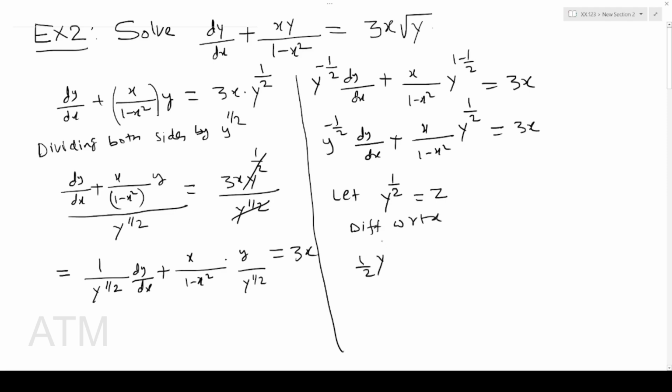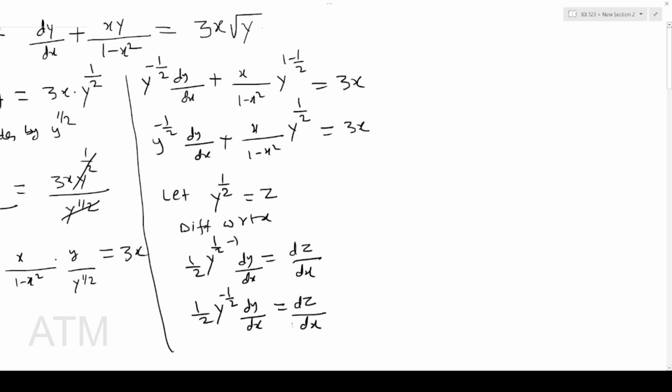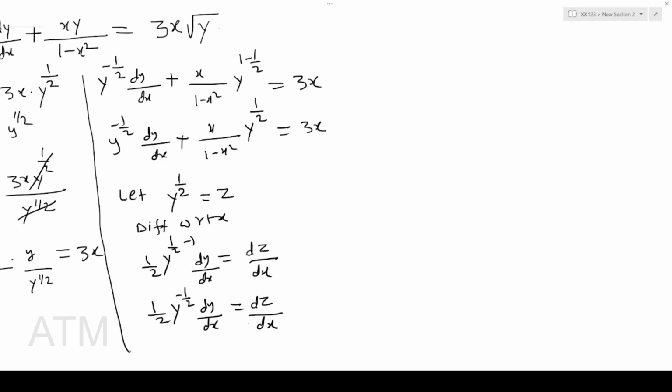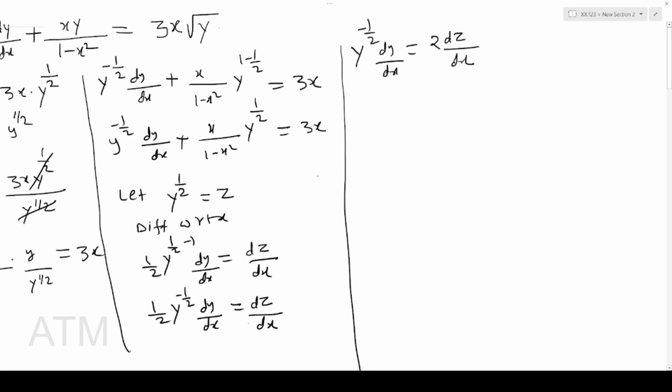So 1 upon 2 y raised to 1 by 2 minus 1 dy by dx equals dz by dx, that is 1 upon 2 y raised to minus 1 by 2 dy by dx equals dz by dx. Therefore, y raised to minus 1 by 2 dy by dx equals 2 into dz by dx.